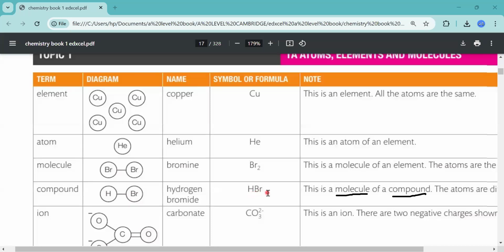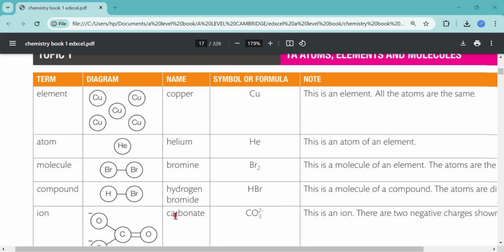Why can't we write the formula with Br first and H at the end? You can't. The rule is you need to write the positive part first and the negative part last in the formula. Metals and hydrogen mostly carry a positive charge, so you write them at the start and the negative part at the end.